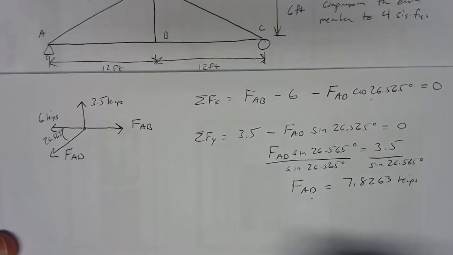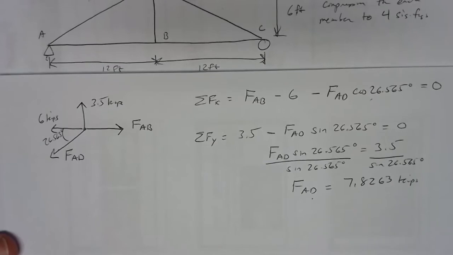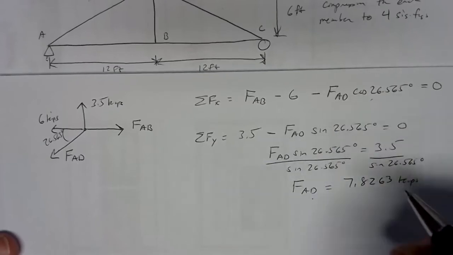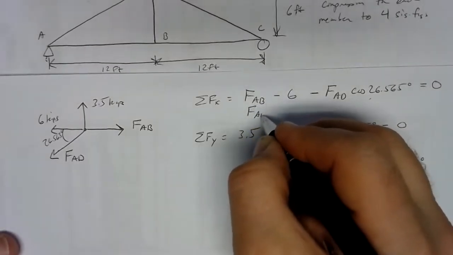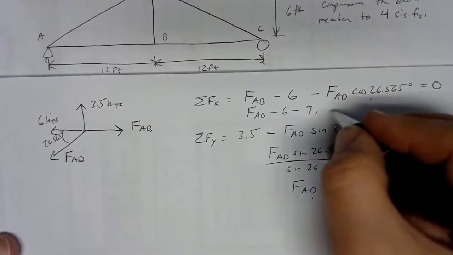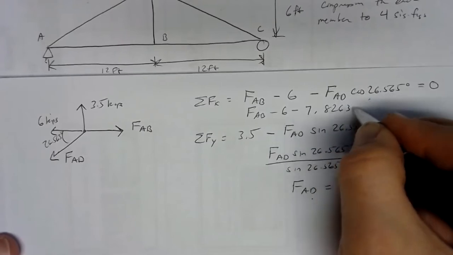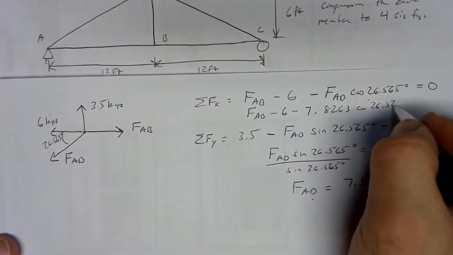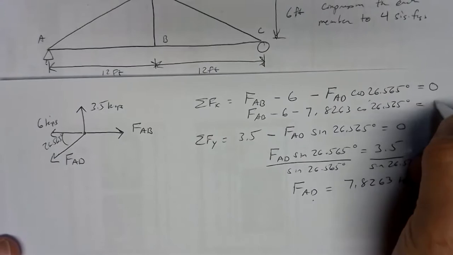Knowing that FAD is 7.8263 kips, we can go back into our x direction equation. So we have FAB minus 6 minus 7.8263 cosine 26.565 degrees.